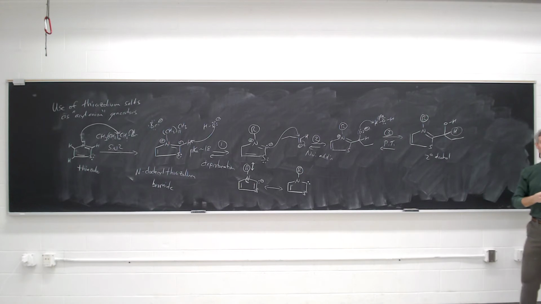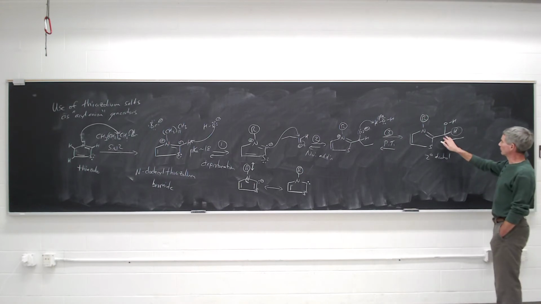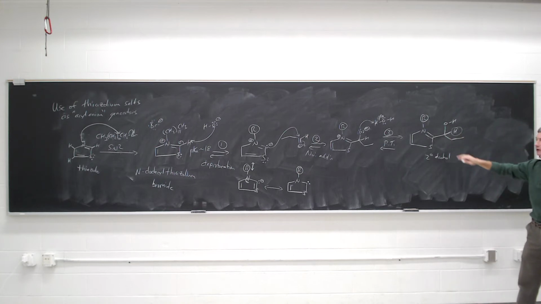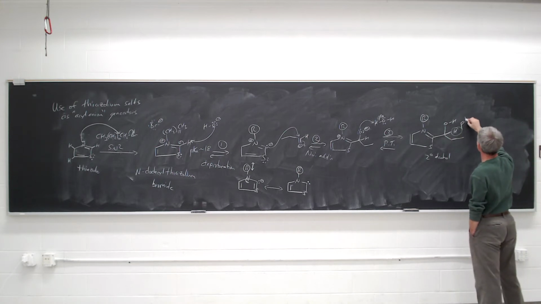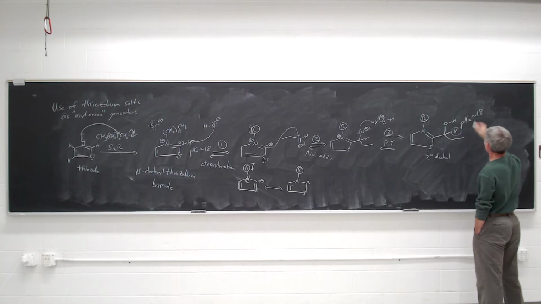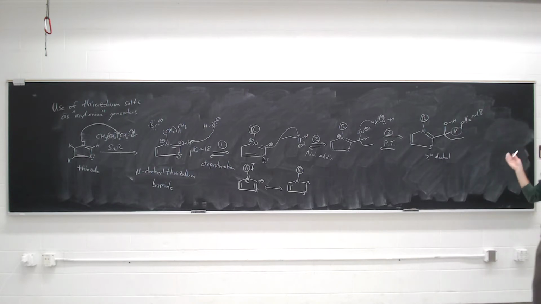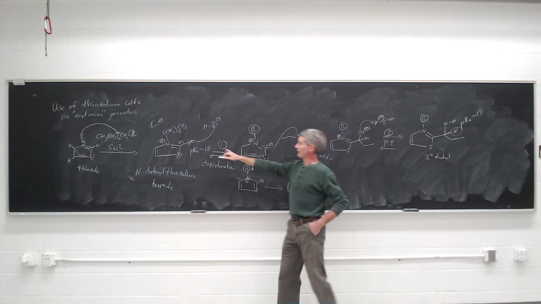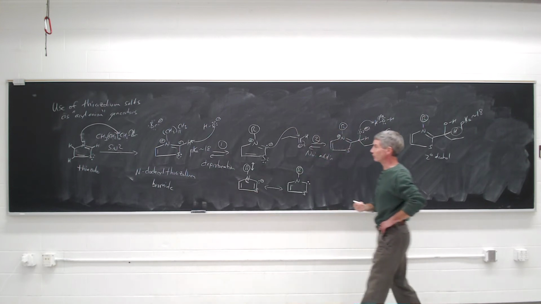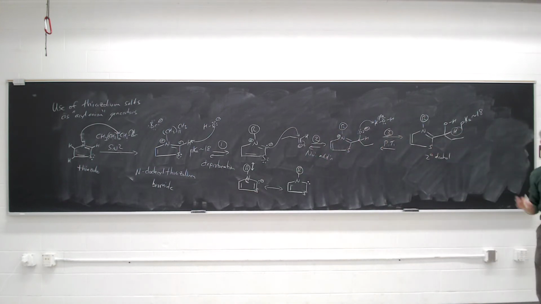This hydrogen is particularly acidic because it is now in an allylic position, as well as having an electron withdrawing hydroxyl group on it. In fact, it has a pKa very similar to the pKa of the thiazolium hydrogen in the first place, somewhere in that 17 to 19, 18-ish range.